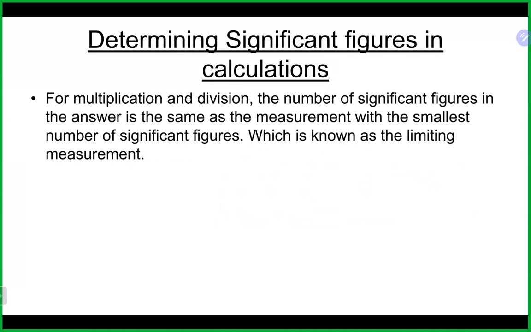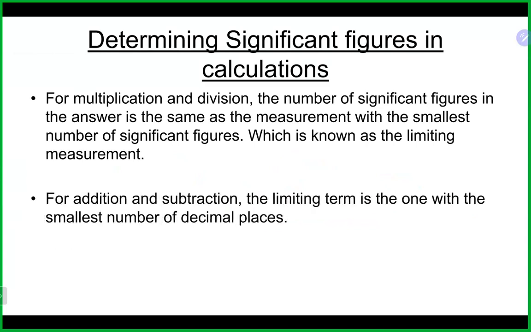Any questions on any of that there? All right, so let's talk a little bit about calculations and scientific notation and significant figures in calculations. So when we multiply and divide, we actually look at the number of significant figures. So whichever number in your calculation has the least number of significant figures, that is how many significant figures your answer should have.